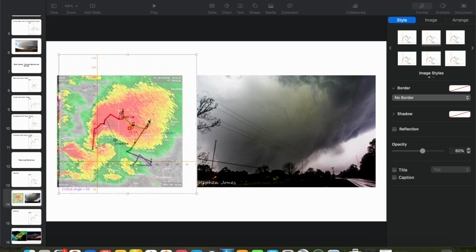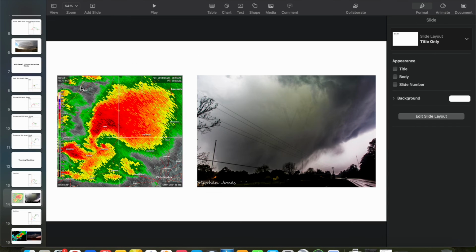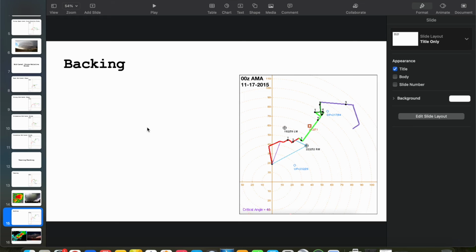Now, on the other hand, let's go ahead and go to a backing regime. So we can have backing in a hodograph as well. And you can see here, we have both of these regimes. Some veering in the low levels, clockwise curvature in the low levels. But then it starts to back here in the mid levels.